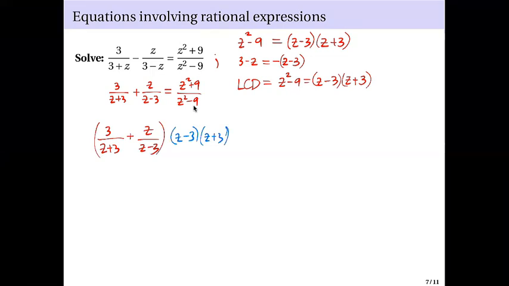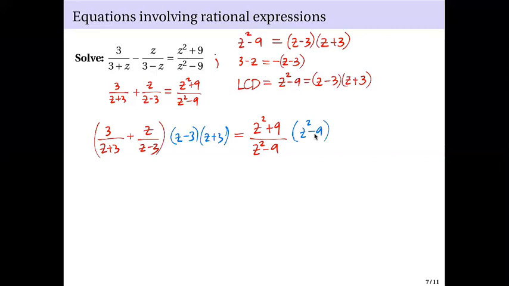This is the left hand side. For the right hand side, you have z squared plus 9 divided by z squared minus 9, and this is multiplied to, this time I'll multiply the two factors to have z squared minus 9. So this guy here, it's the same as this.